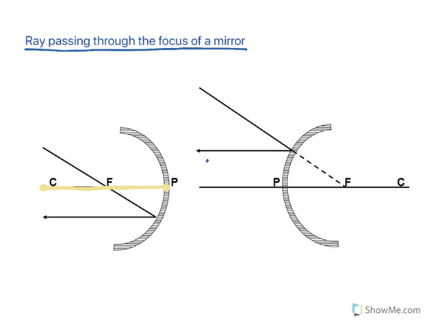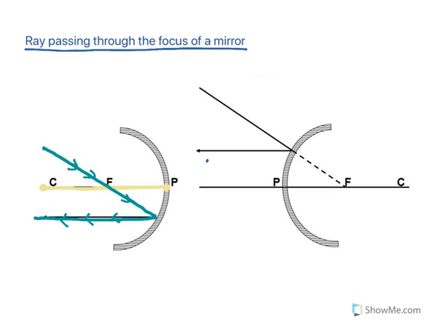And halfway we have the focus. Now this ray is coming through the focus. After reflection, it goes parallel to the principal axis.